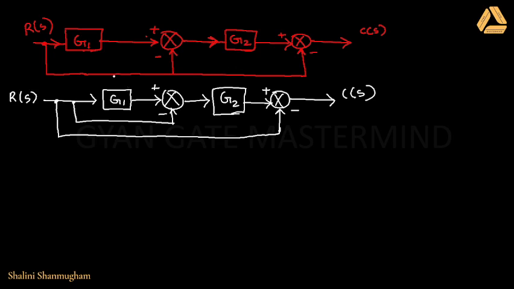So you could say this one is G1 and the unity, this branch is unity, just 1. So simplify, and these two are in parallel form. So the answer is G1 minus 1. It is G1 minus 1.